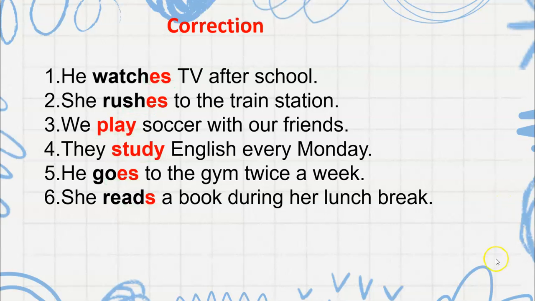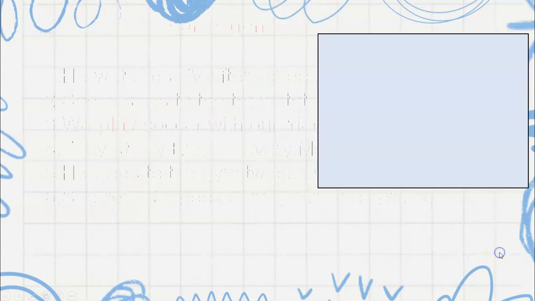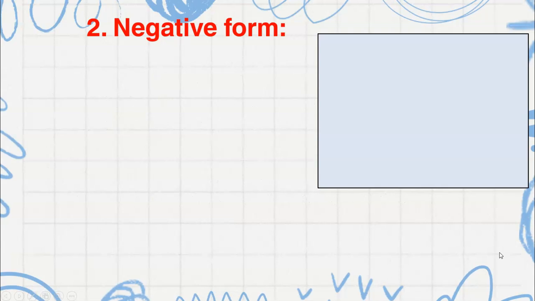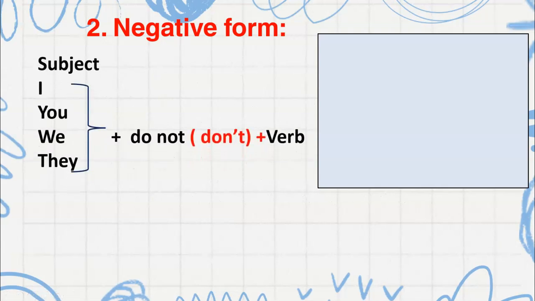Now let's move to the next one, which is the negative form. Always when we say negative form, it means we have not, N-O-T.